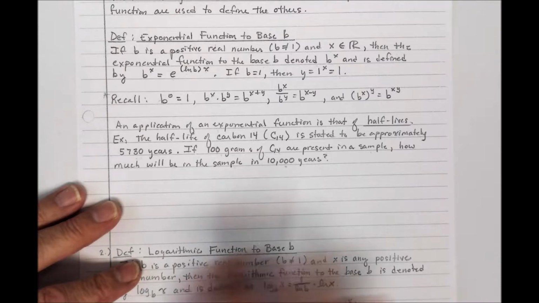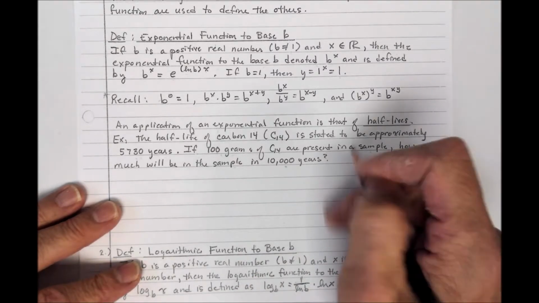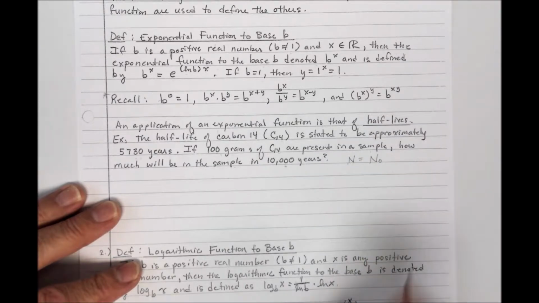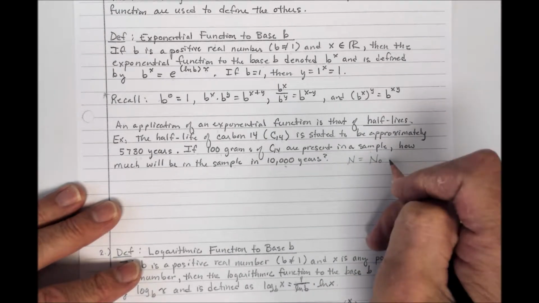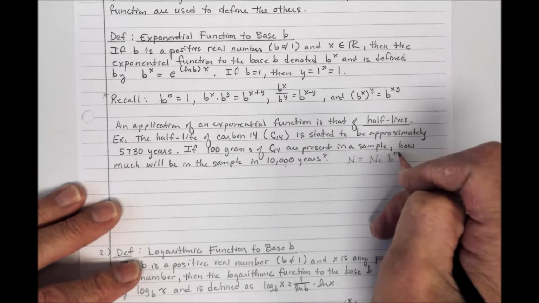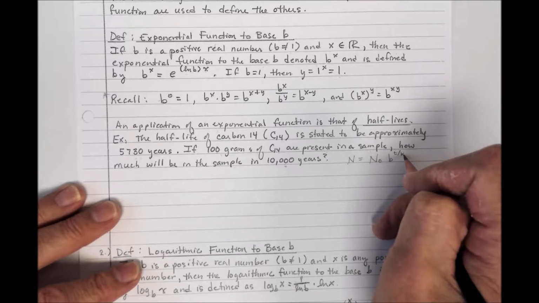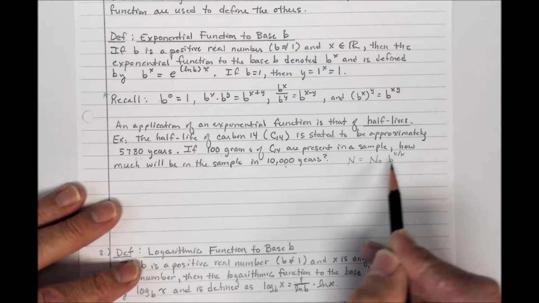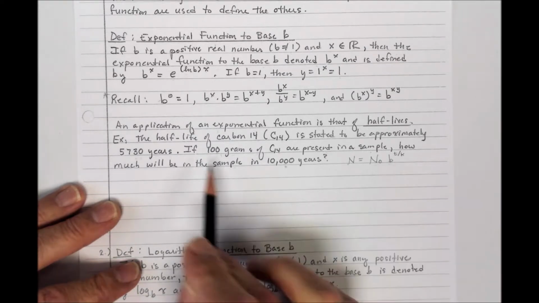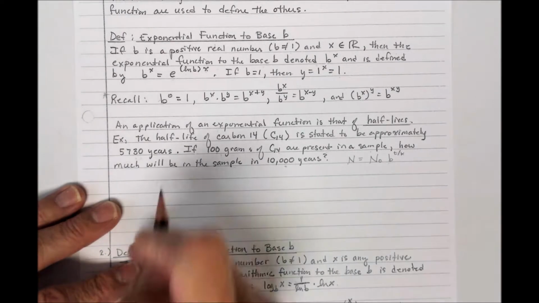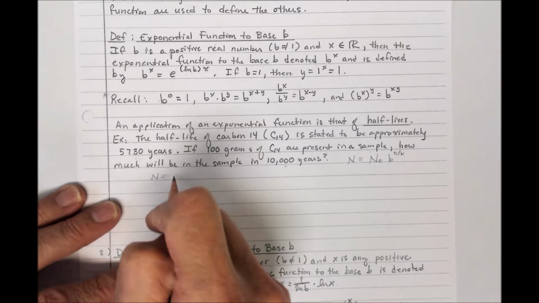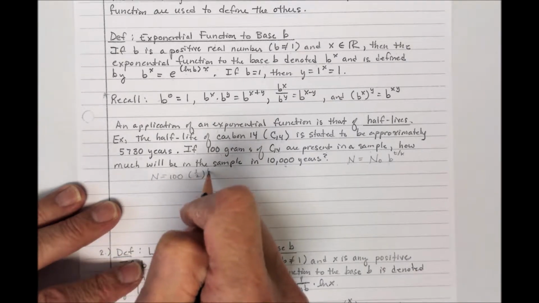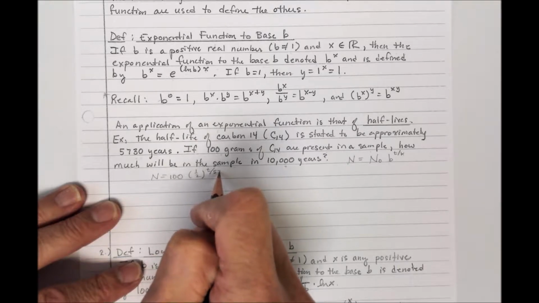We'll see what happens here, but we'll go ahead and use a formula that we had in pre-calculus. N equals n sub 0, the original amount, times b to the t over k power, where t is the time and k is the amount of time it takes, in this case, for the half-life. B, our base, since we're doing a half-life, is going to be 1/2, so n equals 100 grams times 1/2 to the t over 5,730.